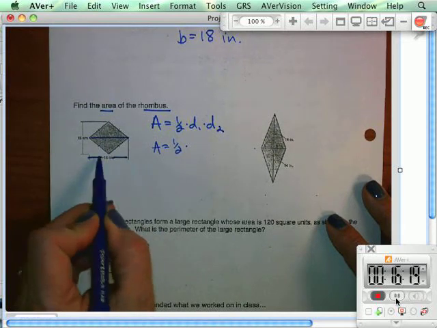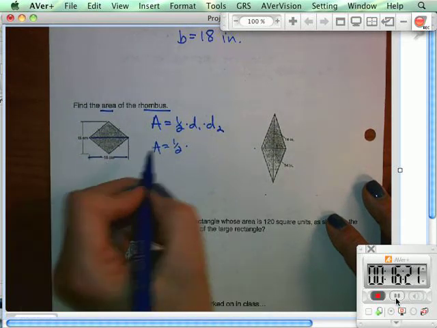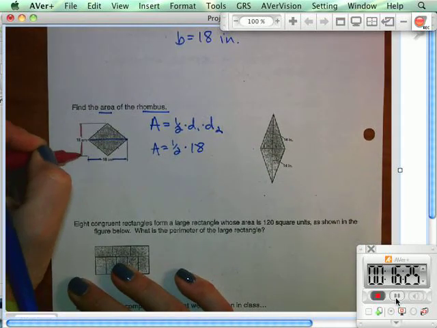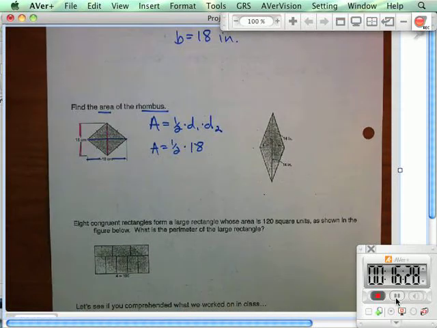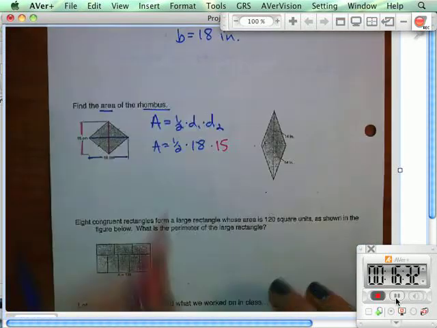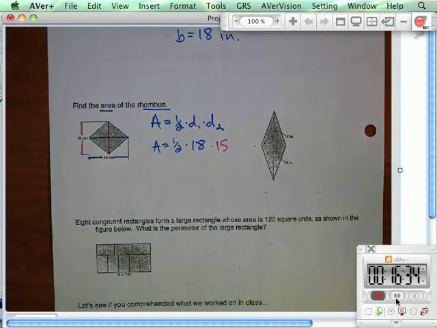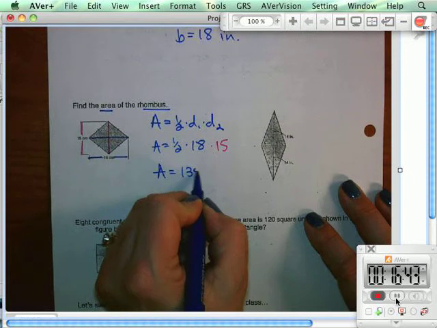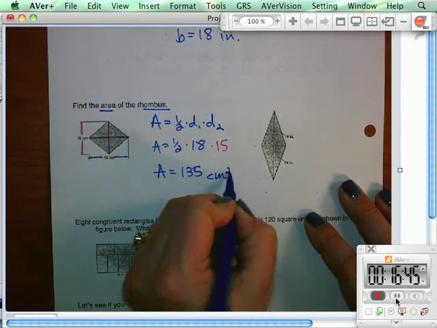And how long is that? 18. And then I could say this distance right here is my diagonal 2, which is how far? 15. Right. And then I just multiply. Half of 18 is 9 times 15. Can anybody do that in their head? Somebody whipped it out last hour. I couldn't believe it. 135 centimeters squared.